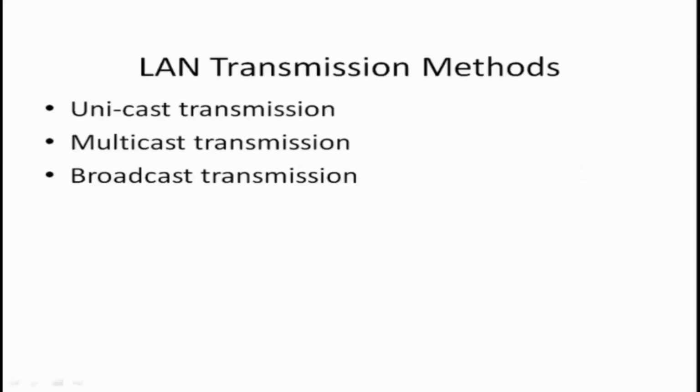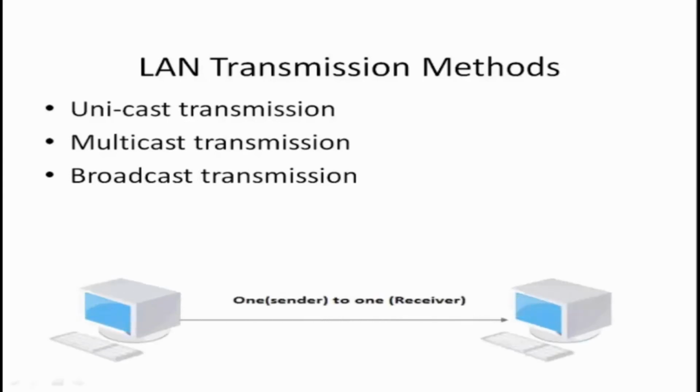Next we will discuss LAN transmission methods, that is local area network transmission methods. There are three methods. The first one is unicast. In unicasting, there is one sender and one receiver. The message sent by one sender is received by one receiver. Next is multicast transmission.